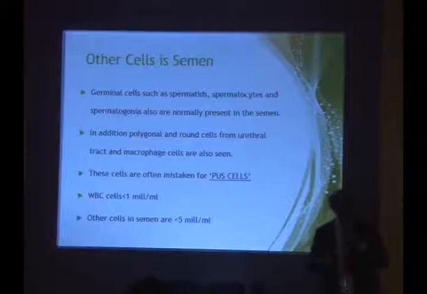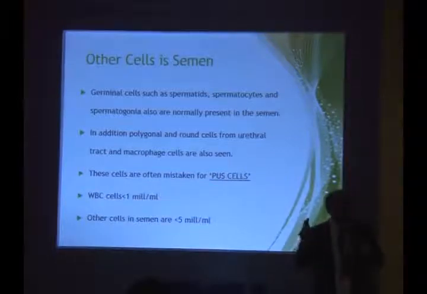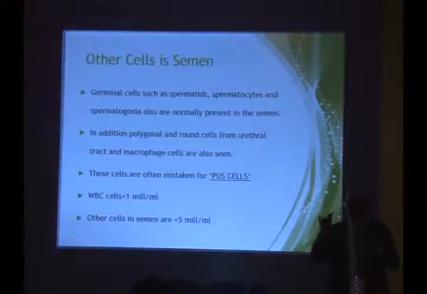So when somebody reports 5 to 10 pus cells in the semen, most of the time that report is wrong because they are immature germ cells. You have to be very careful. I have seen 20 to 30 pus cells reported in semen, just like urine. That would correspond to 300 pus cells in the urine, just to give you an idea.